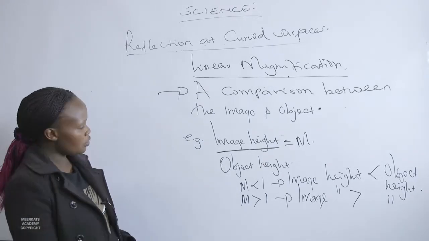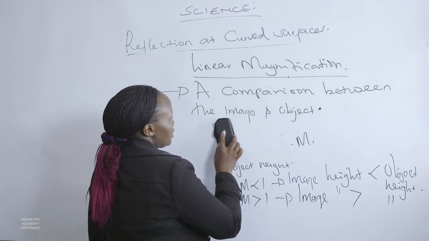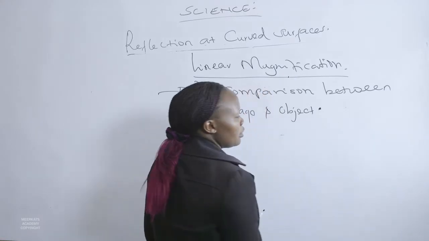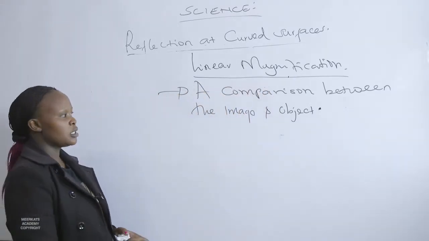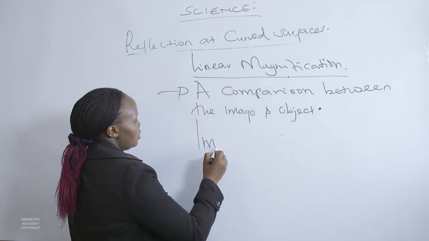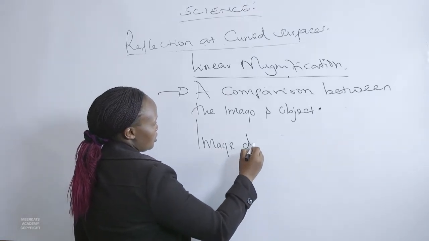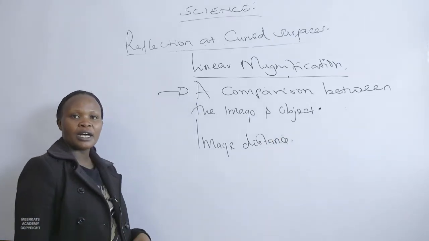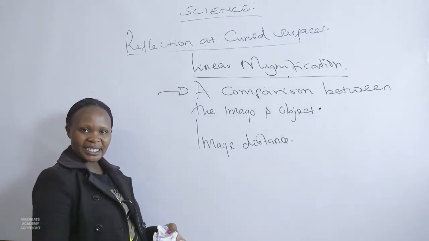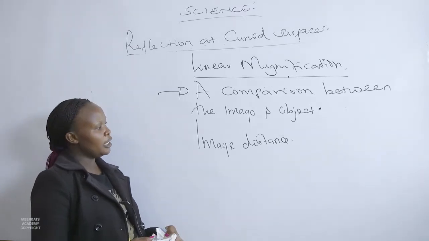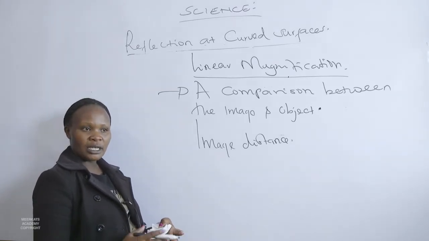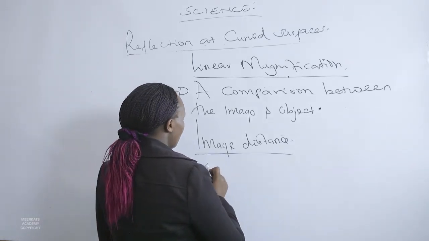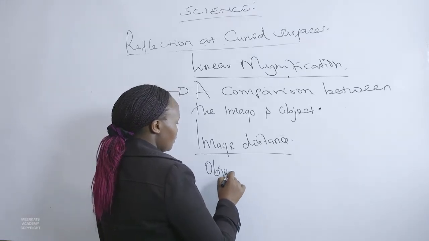Now, we could also consider another aspect of the same. For example, we could talk about image distance. How far is the image behind the mirror compared to the distance the object is placed in front of the mirror? So, image height over object height.